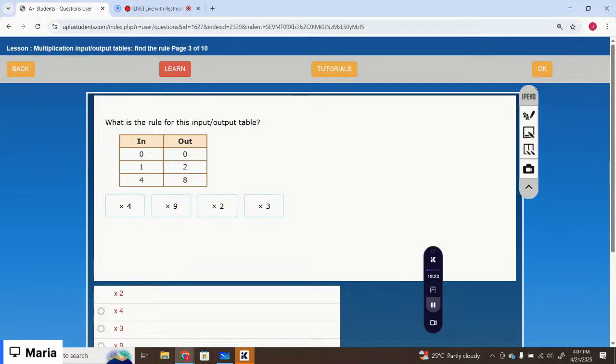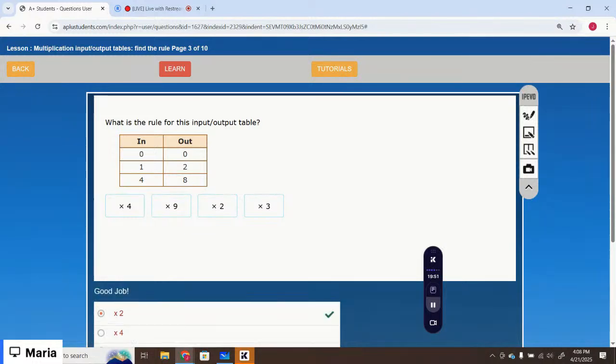That is 1 times 2 is 2 and 4 times 2 is 8. So option number 1 is the correct option.